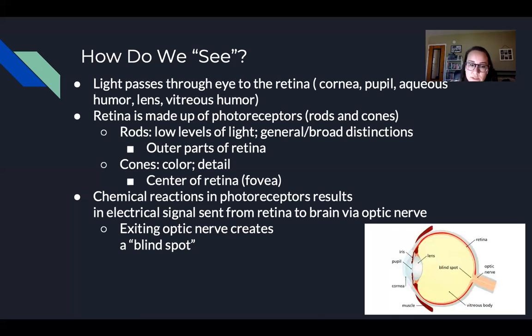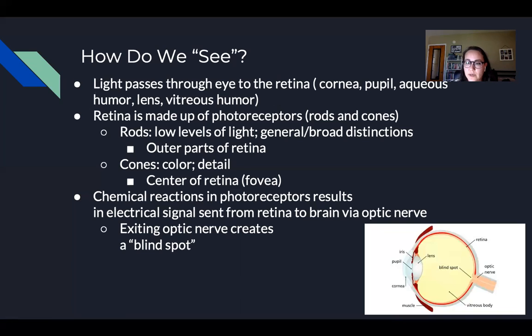The rods and cones transmit an electrical signal, and it's amplified across the various layers of the retina. And then it's eventually sent to the brain for further processing via the optic nerve that comes out of the back of the eye.